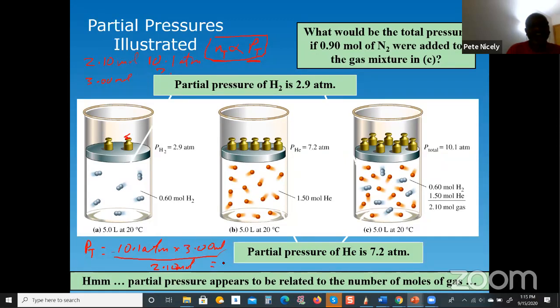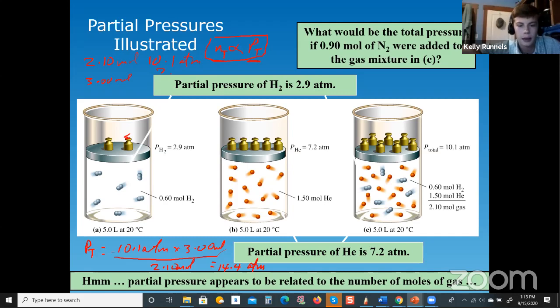If you round off, you need to round off to 3 sig figs, so it should be 14.4 atmospheres. Oh, but I calculated it with the molar mass of nitrogen in my equation. Right. Okay, so this is a shorter way of solving the problem.